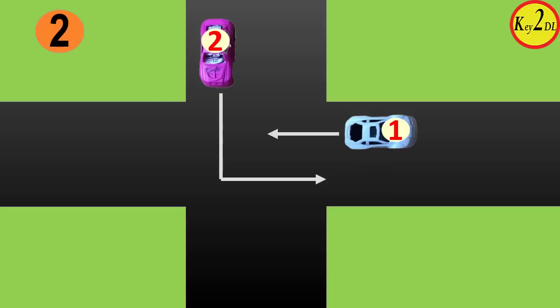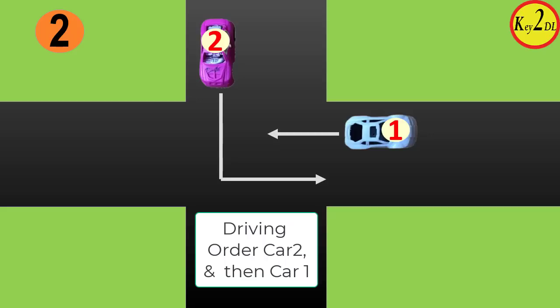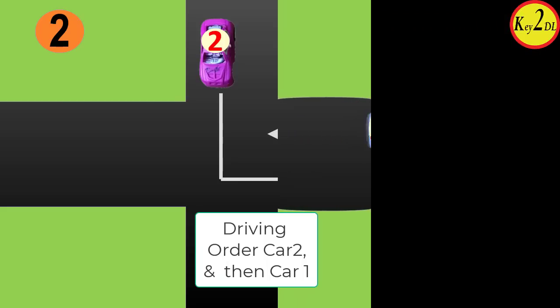So there is also another rule applied, the turning rule. But even if car 2 crosses the road, car 2 will still have priority over car 1, according to the right hand rule. Thus car 1 will have to wait or give way to car 2. So car 2 will go first and the driving order should be car 2 and then car 1. Car 2, because of the right hand rule, followed by car 1. It's clear now, right hand rule. There are two situations we have discussed.